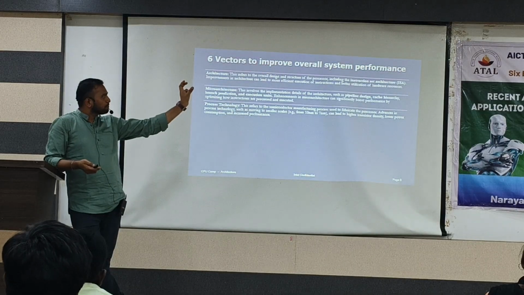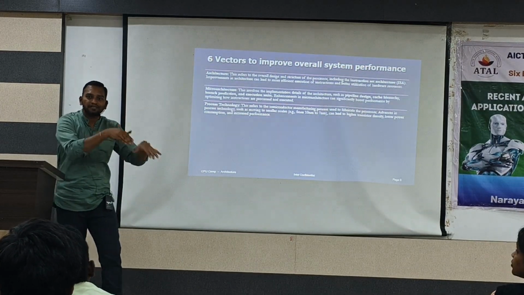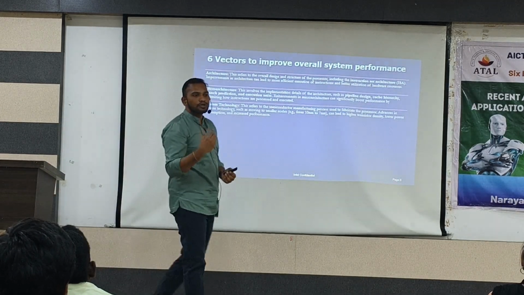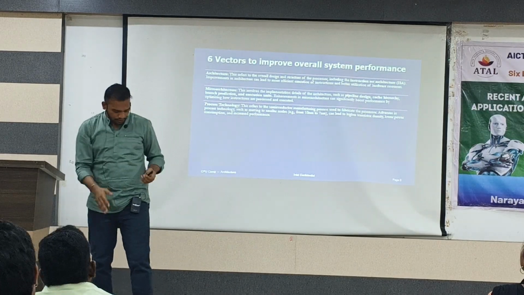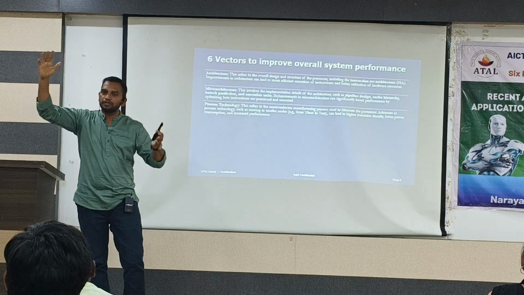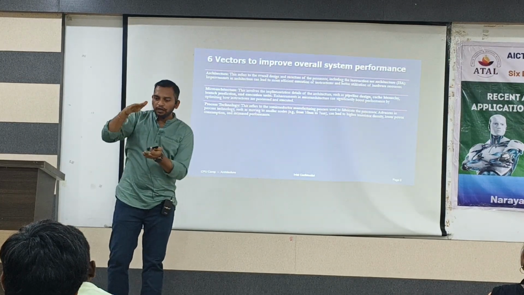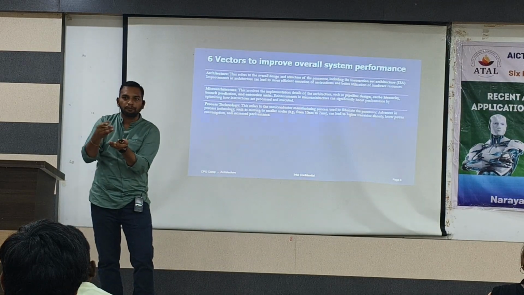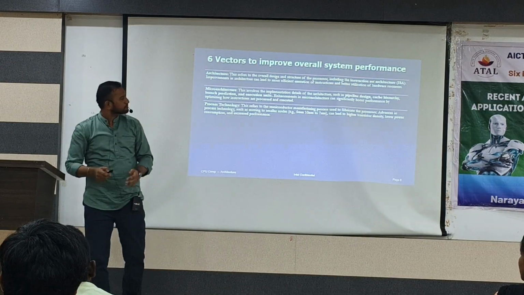So you can put a lot more transistors, which means you can put a lot of computational logic, and you can support more features. For example, you have a phone, and the phone will be this size. You cannot increase the phone's size by keeping all the features. It should be this size only, but we should be able to increase its performance. How can we increase it? By changing the size of the transistor.